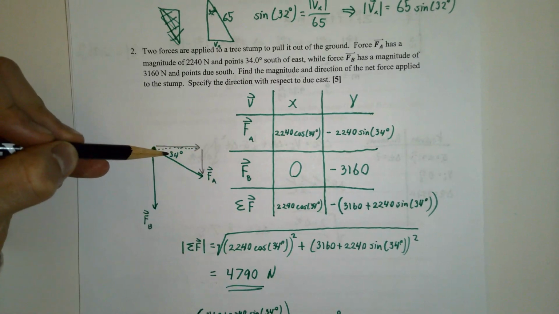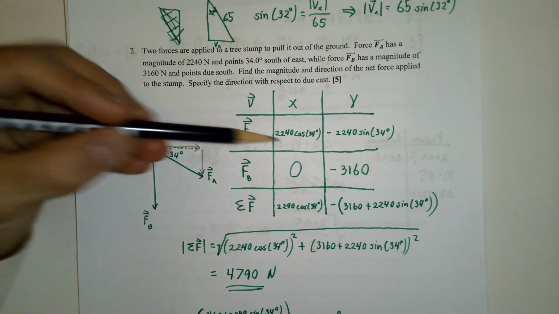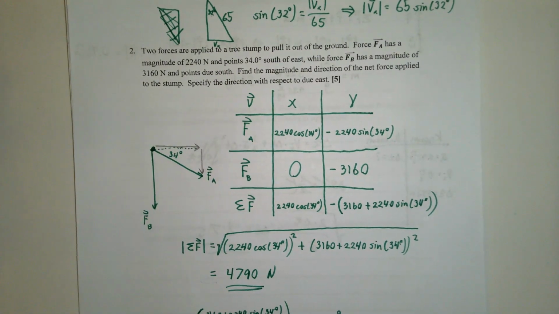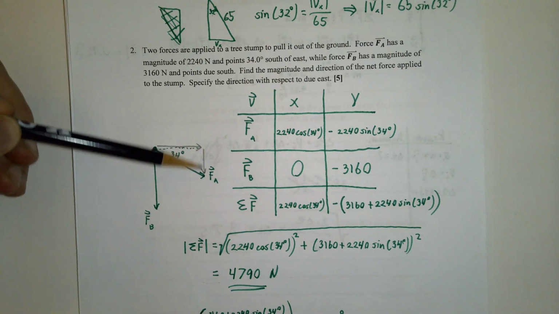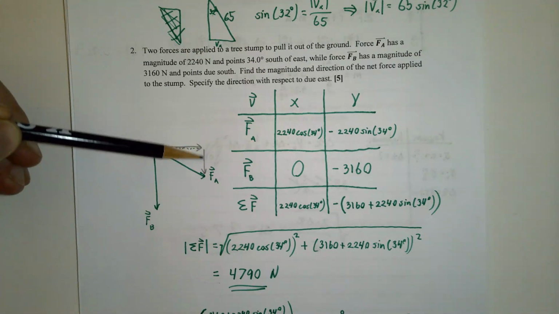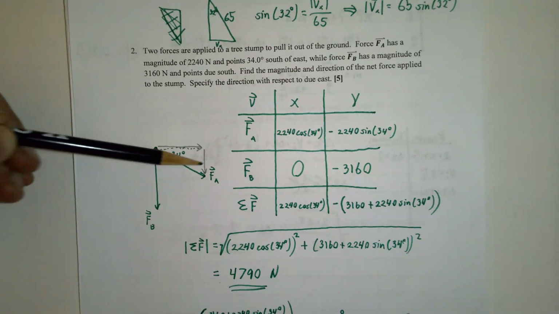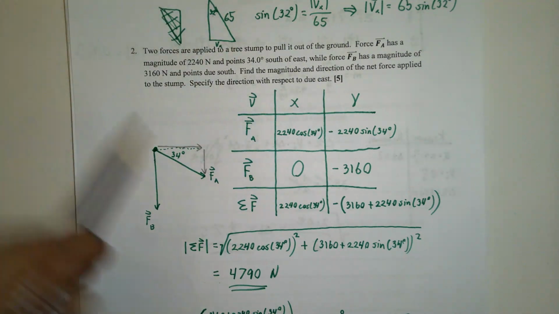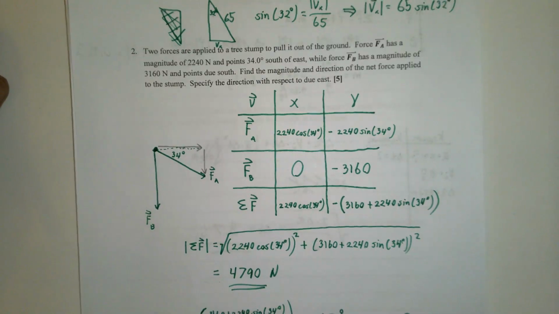That x component would be the cosine of 34 degrees times the magnitude of this force, which is 2,240. That's why we have in the x dimension 2,240 cosine 34 degrees in the positive direction. That force is directed downwards somewhat, though, using sine, because this is the downwards force associated with this force vector, which would be sine because of the opposite side. So we use negative because it's downwards of that same force vector, sine 34 degrees.